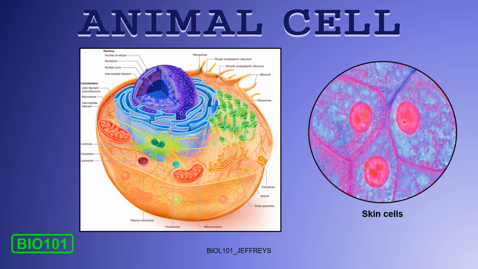Inside the nucleus, you can clearly see the nuclear membrane, by the way. And the dark area inside of the nucleus, that's the nucleolus. When a cell is not in the process of dividing, that's where the genetic material is located.